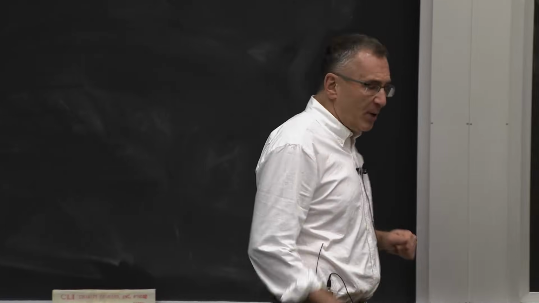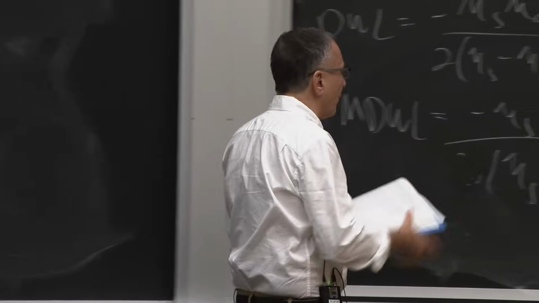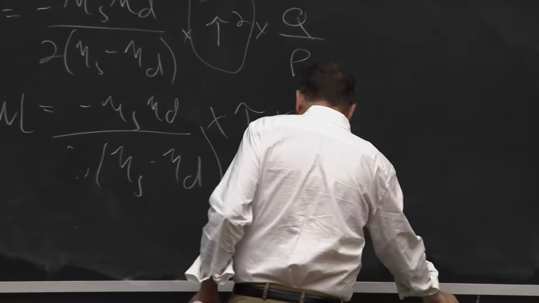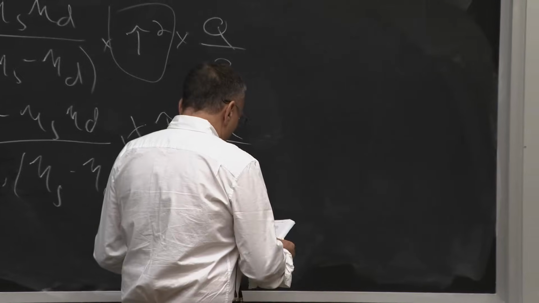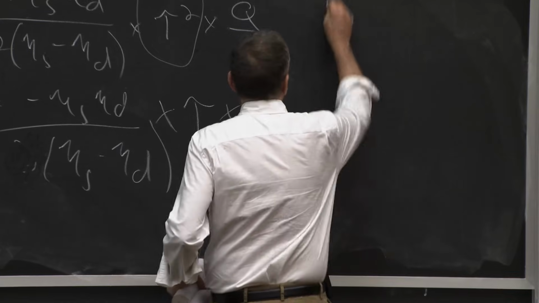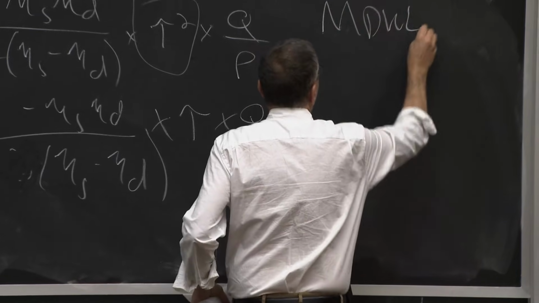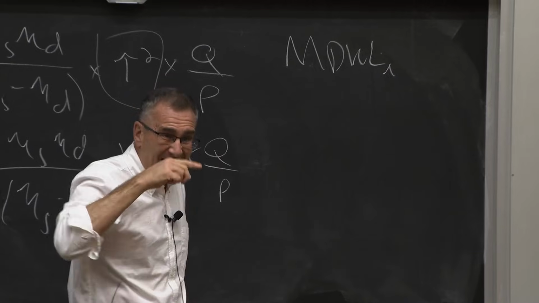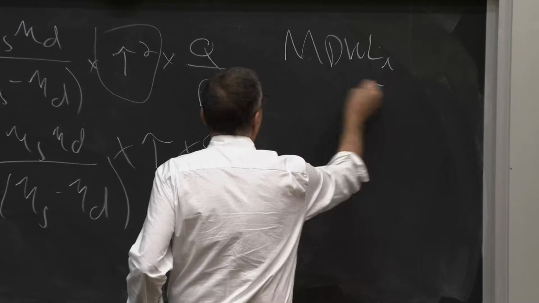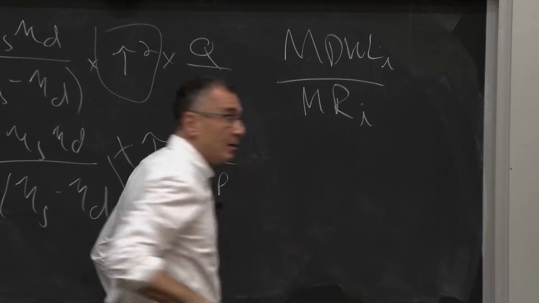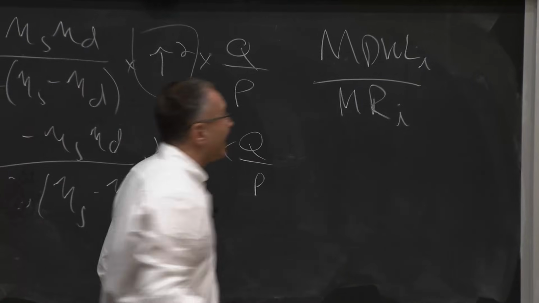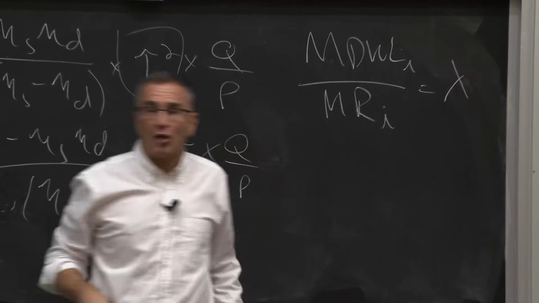And he solved that problem, and what he got was what we call the Ramsey rule, which is that we should set commodity taxes across goods i to the point where the marginal deadweight loss of taxing good i, of the next increment to taxation, so the deadweight loss of increasing tax by epsilon on good i, over the marginal revenue raised by an epsilon tax on good i. So once again, if I increase tax on good i, I raise some money, I cause some deadweight loss. That should be equal to a constant across all i.